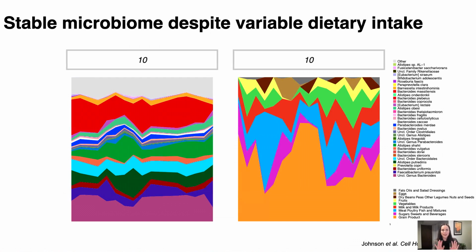But when we look at the conformation of the microbiome versus the changes in dietary intake for the same time period, you can appreciate here visually that the diet is much more variable. It's bouncing around a lot more from day to day than the microbiome that corresponds to that diet.